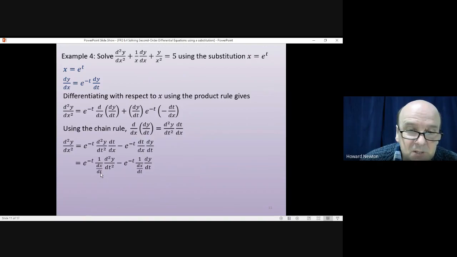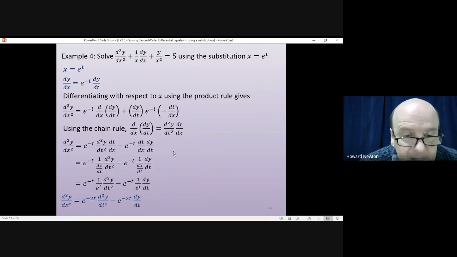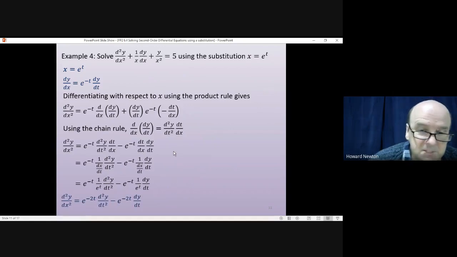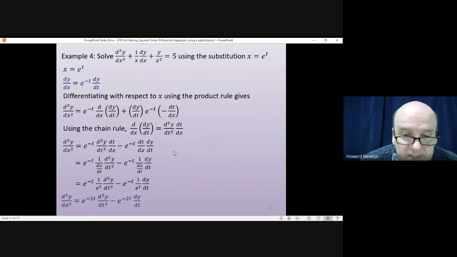So substituting that in will give me that. And then these two terms I can join together to get e to the minus 2t, and same again here. So d2y by dx squared is equal to e to the minus 2t times d2y by dt squared minus e to the minus 2t dy by dt.